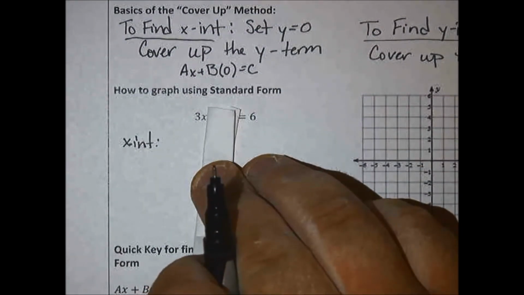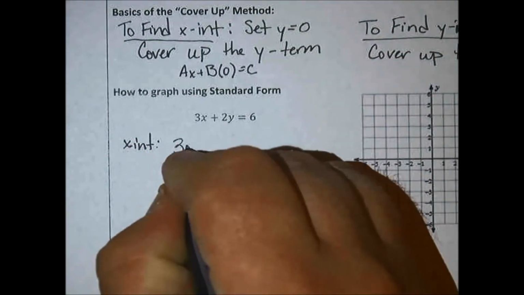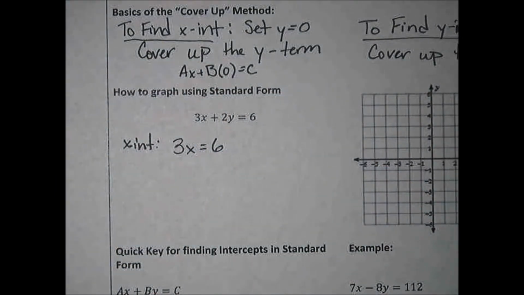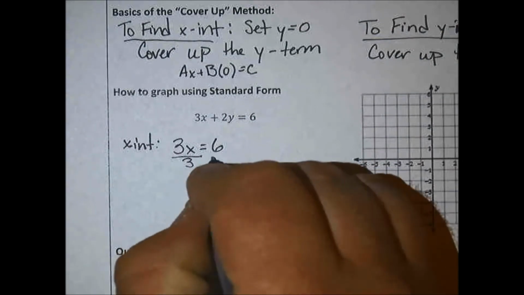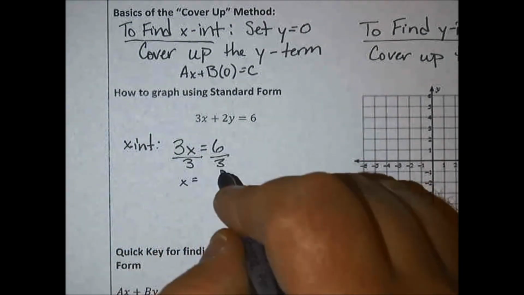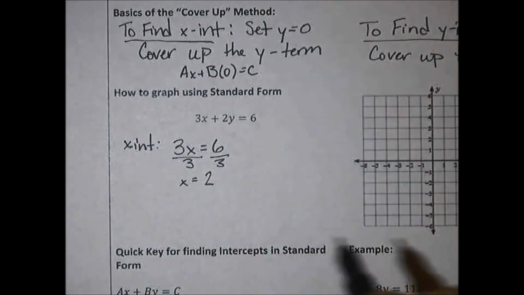So I have 3x equals 6. I just rewrite that: 3x equals 6. Now I just solve for x. All I need to do is divide by 3 on both sides. x equals 6 divided by 3, which is 2.